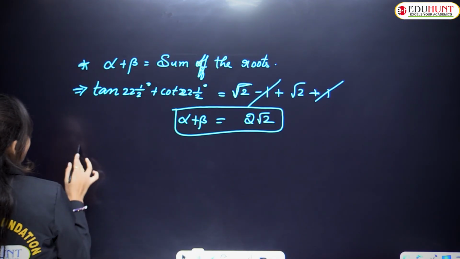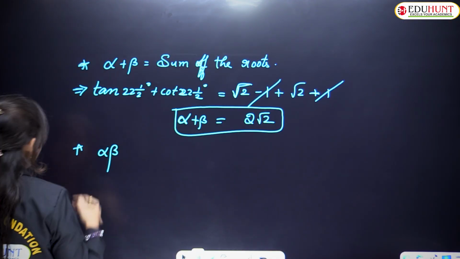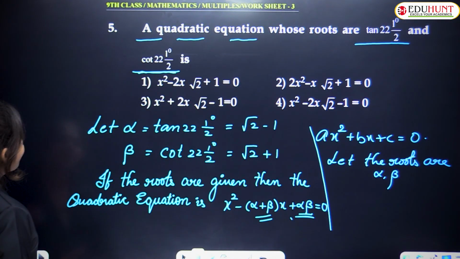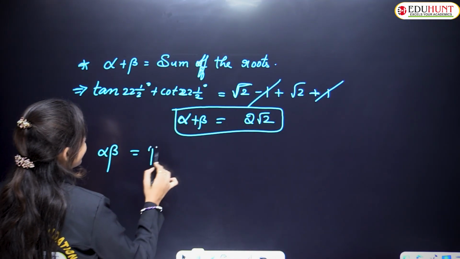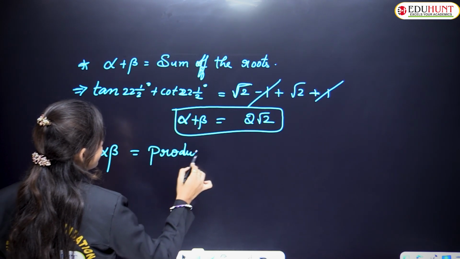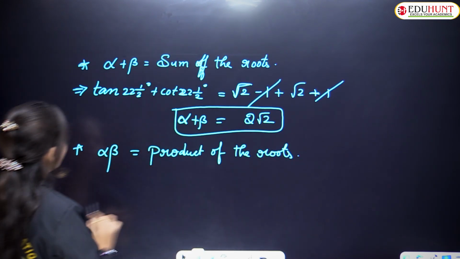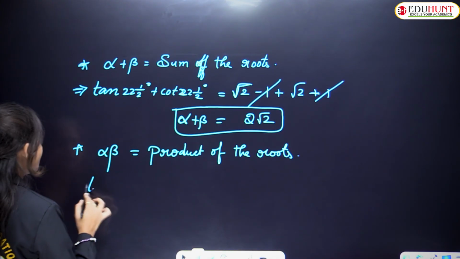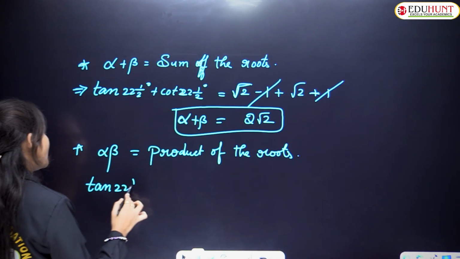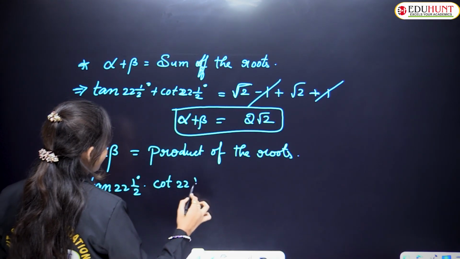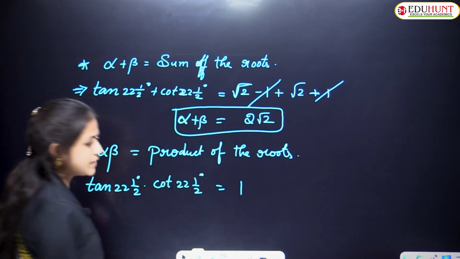Next, alpha beta. In that equation, alpha into beta is there, which is the product of the roots. So alpha into beta is tan 22.5 degrees into cot 22.5 degrees, which is equal to 1.